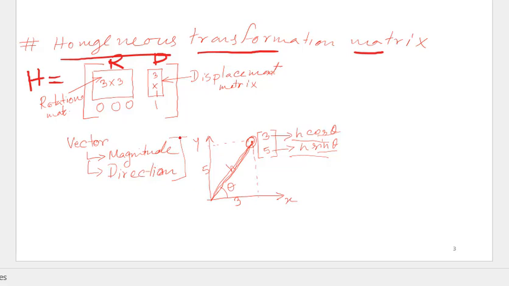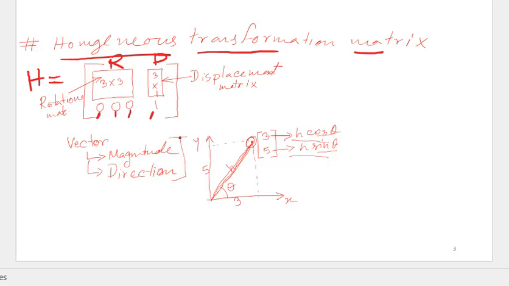With these two matrices, we also have to add some portions: 0 0 0 below the rotational matrix, and 1 below the displacement matrix, in the last row. Then we can say this will be the homogeneous matrix.